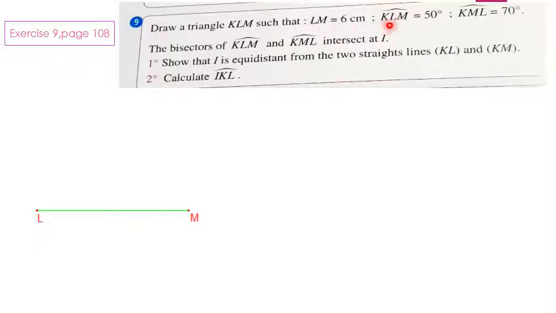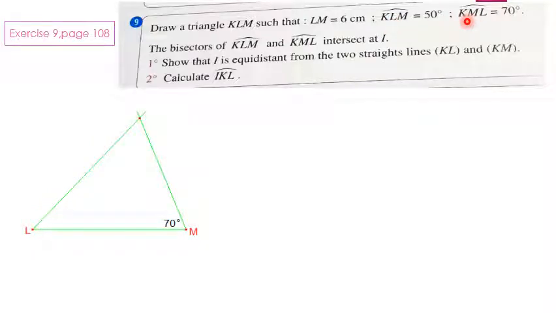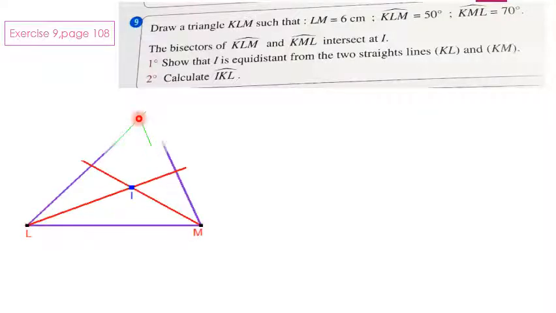Now, at vertex L, draw an angle which is 50 degrees, and from the vertex M, draw an angle which is 70 degrees. Then join these two rays together. The point of intersection is called point K.